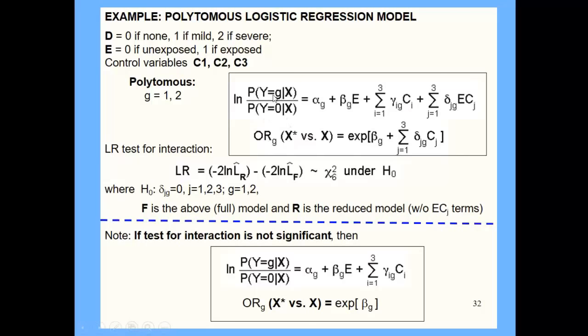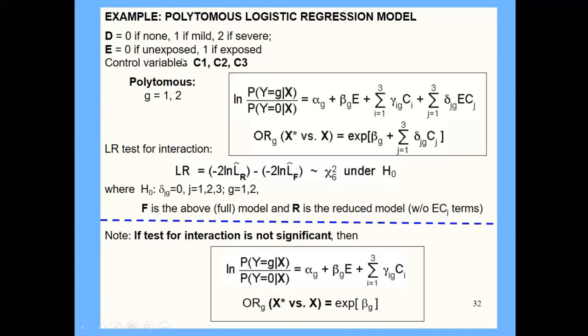You notice there's no greater than or equal to sign. So I'm comparing the gth category with the 0th category, one category with a reference group. As soon as you see that, you should tell yourself this is a polynomous logistic regression model. And here's what the model would look like if you had a single exposure, keeping it simple, not several exposures.